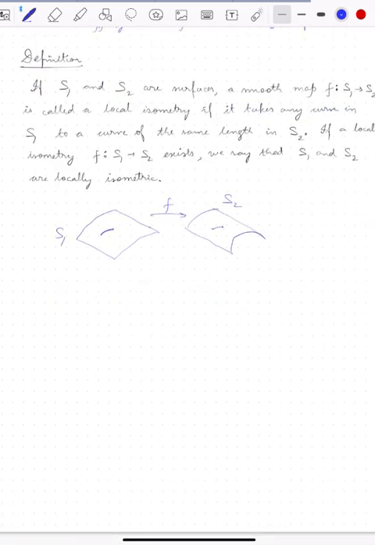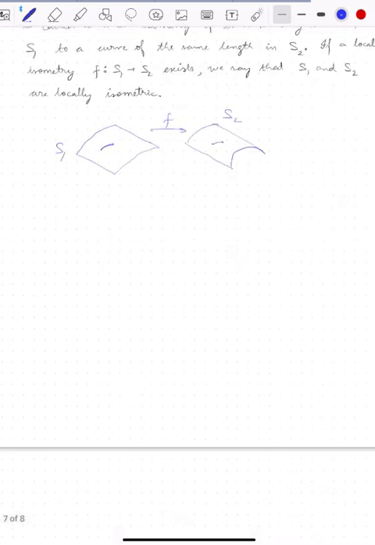Right? And we have certain extensions here that say every local isometry is a local diffeomorphism.